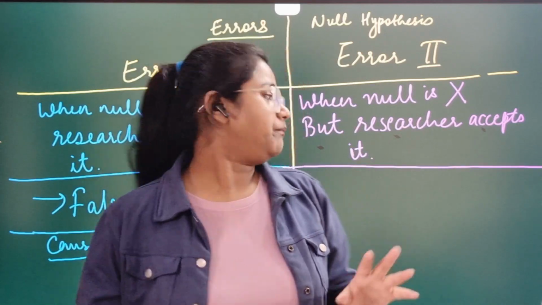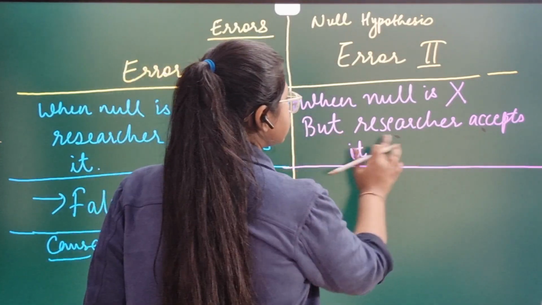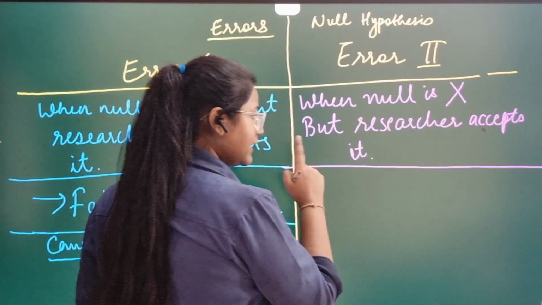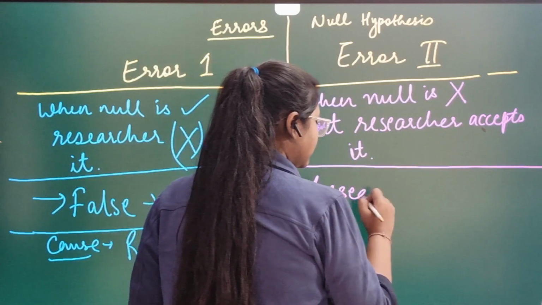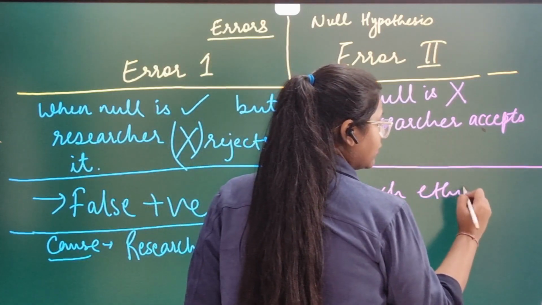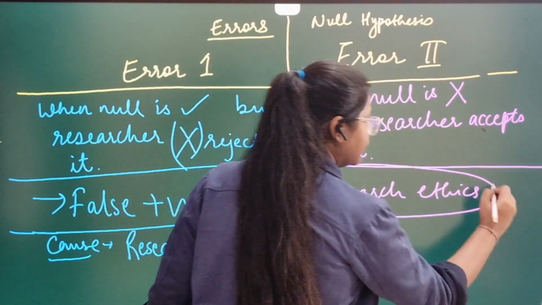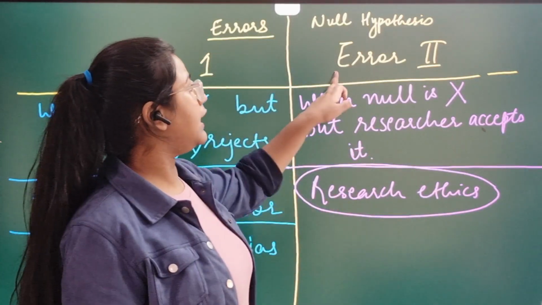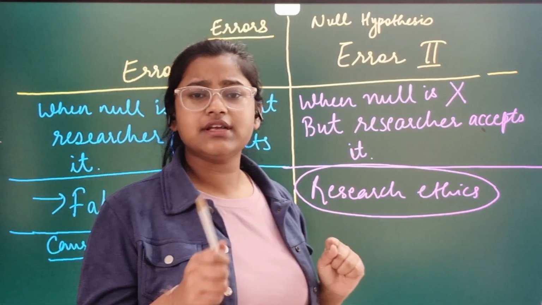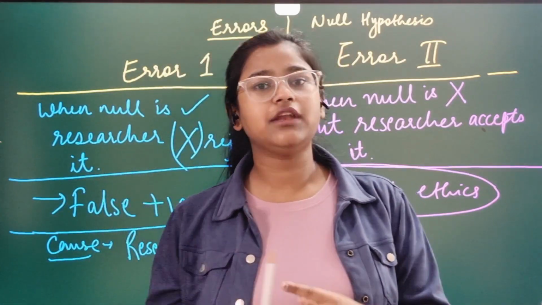Okay. What is the result of this? If you see, it is a violation of research ethics. Do you understand? It is a violation of research ethics because after committing error 2, my research is not objective. It is manipulative.